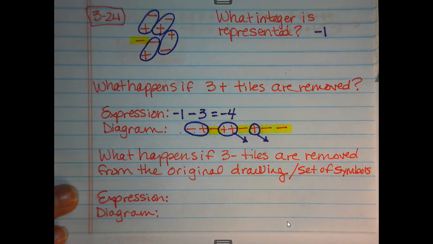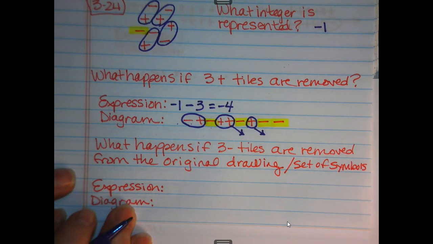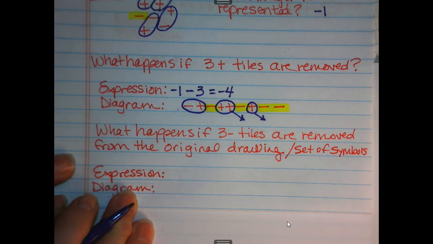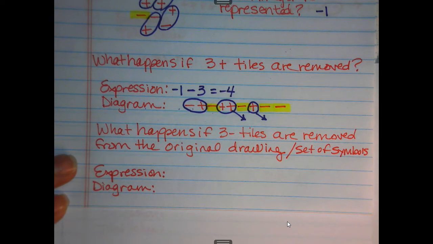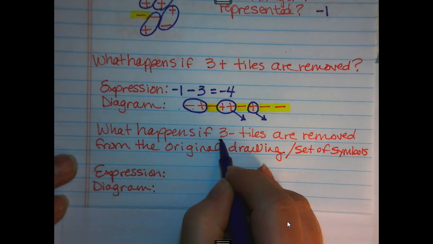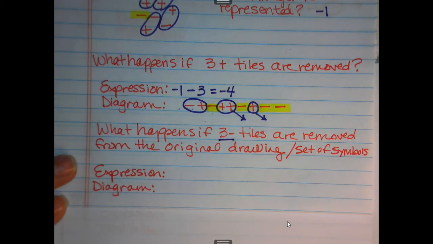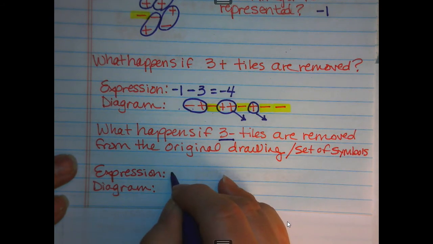Many of us are pretty fine with that, or we can visualize it, we can imagine it pretty well in our head. Let's go ahead and see what happens next, though, if instead of taking positive tiles, we take negative tiles away. The question here is, what happens if 3 negative tiles are removed from the original drawing or set of symbols? So I'm still starting with negative 1.